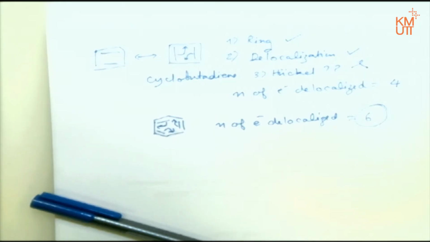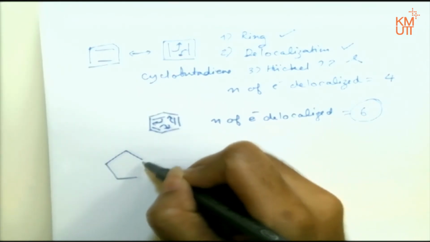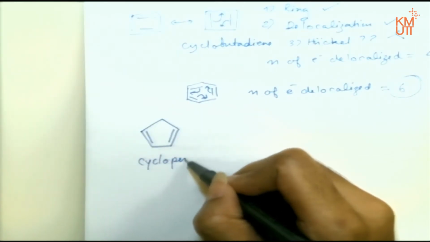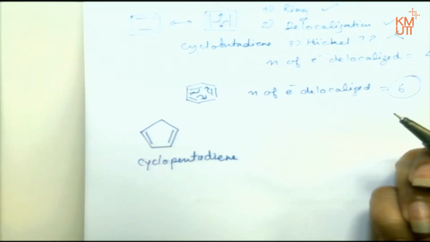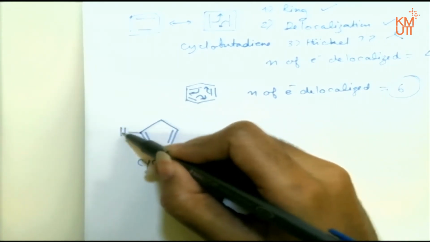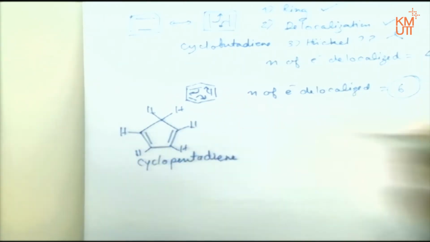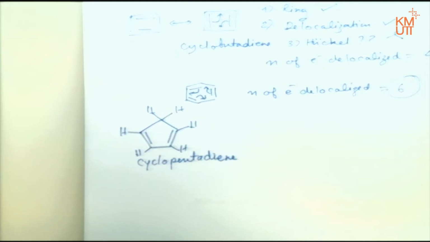For example, consider cyclopentadiene. Aromatic or not? Why? Can I move electrons? Is delocalization of electrons possible or not?